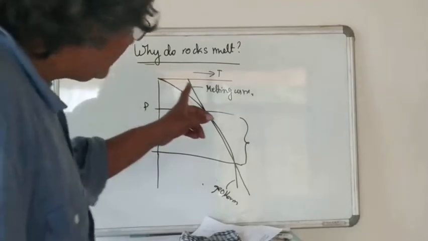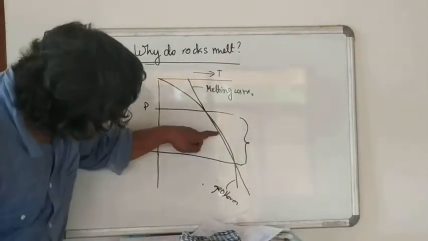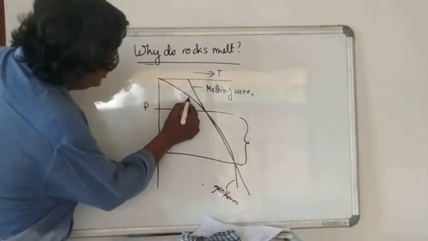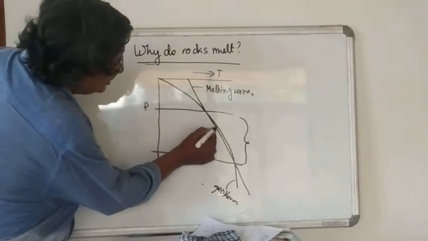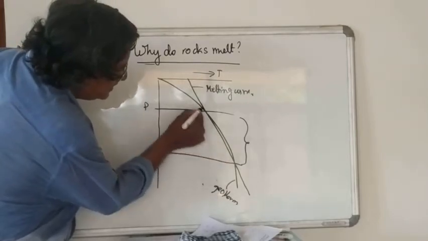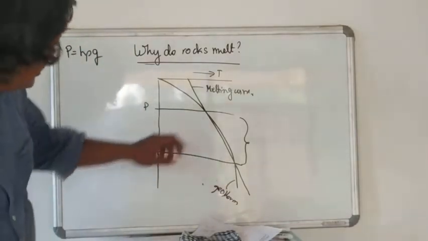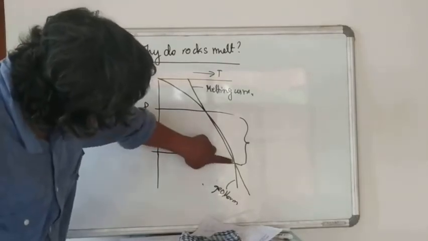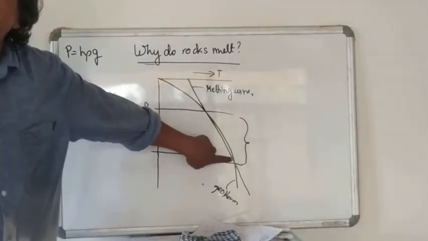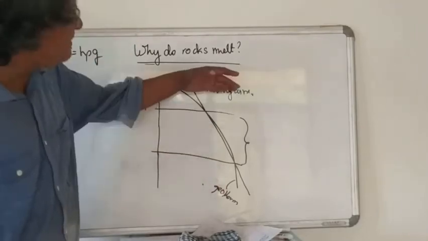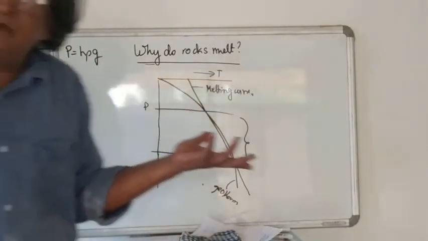Look at this part. Here, the geotherm has higher temperature than the melting curve. So you will produce melts in these zones. But below and above, you won't melt the rock.